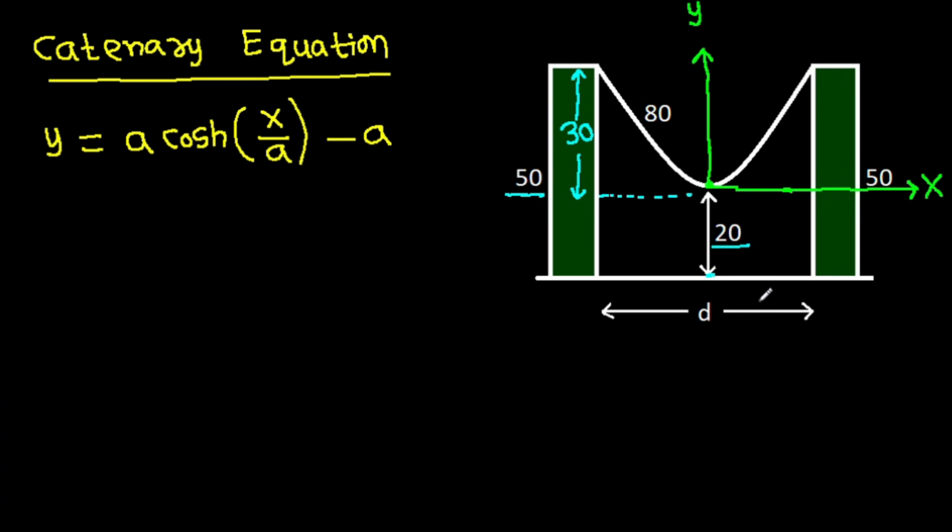And suppose this distance is x, then this distance will also be x by symmetry. So this is (0, 0), so the coordinate of this point will be x and 30.